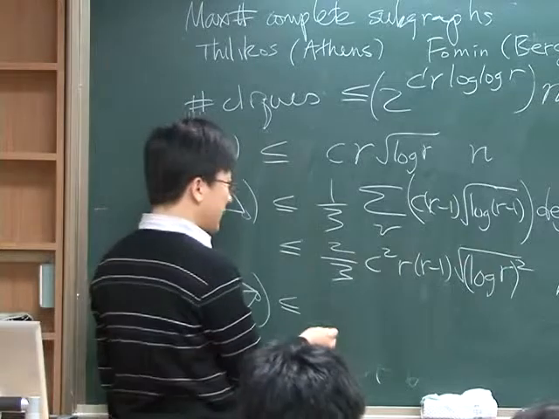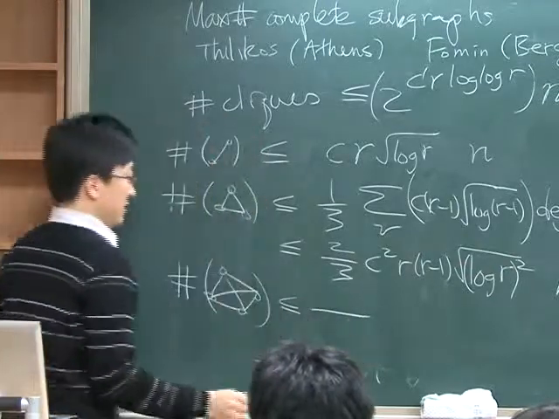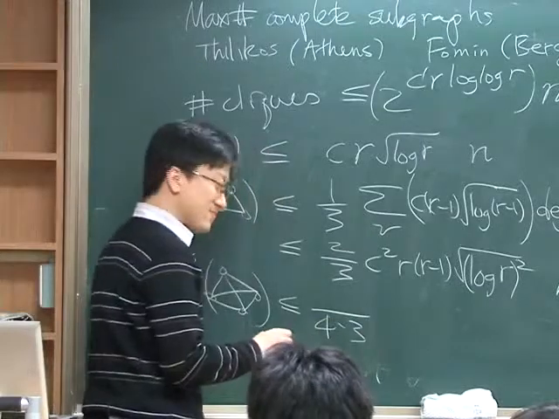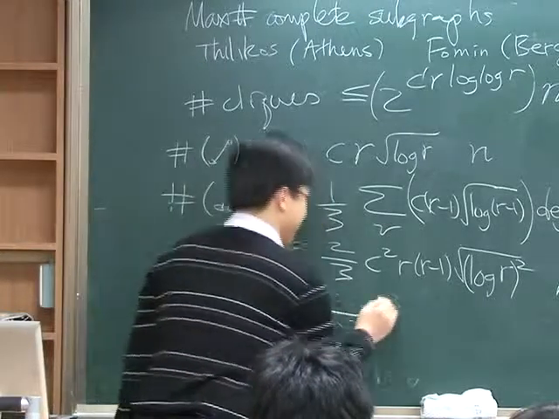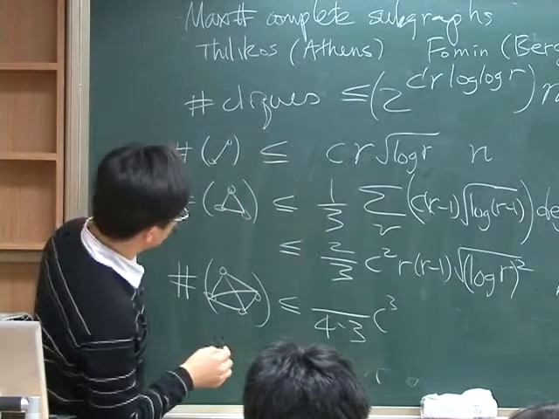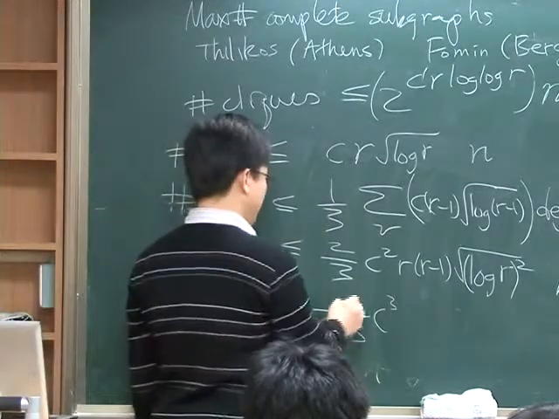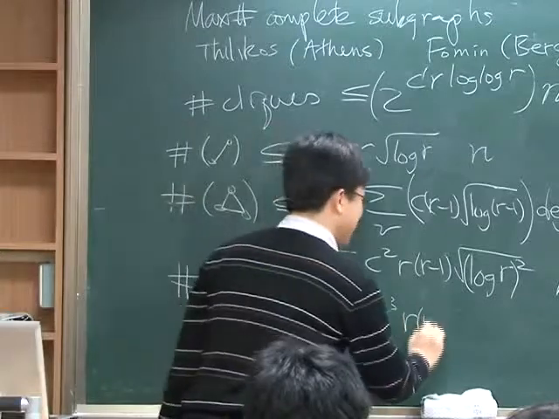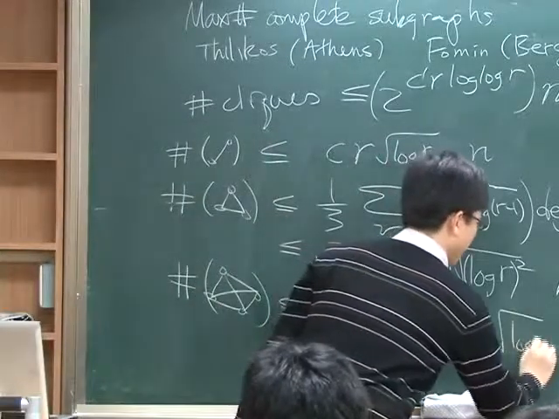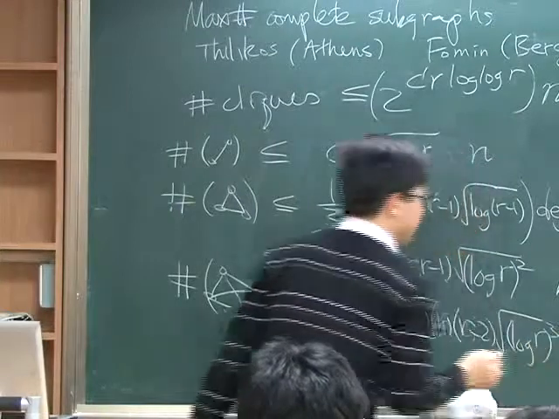So what you can get should be 4 times 3 constant cubed, and I'm guessing something like this.